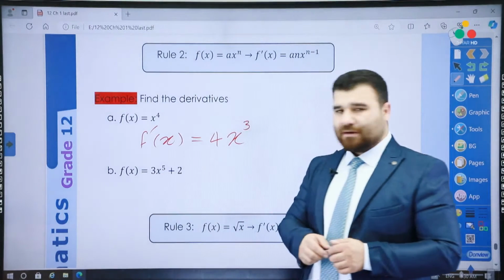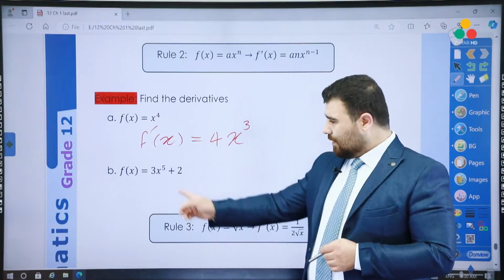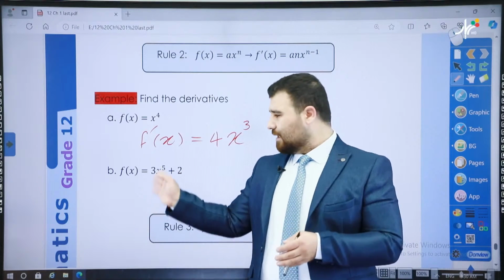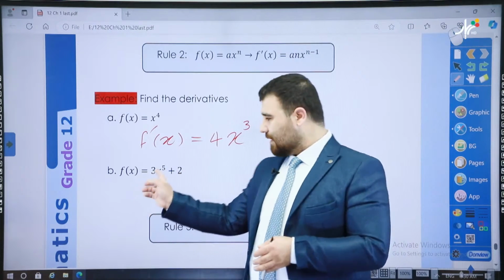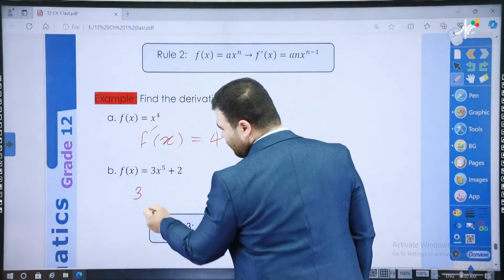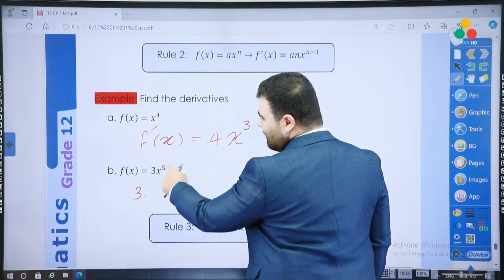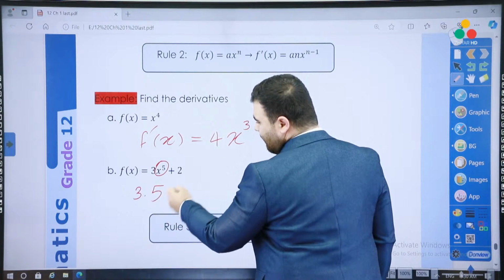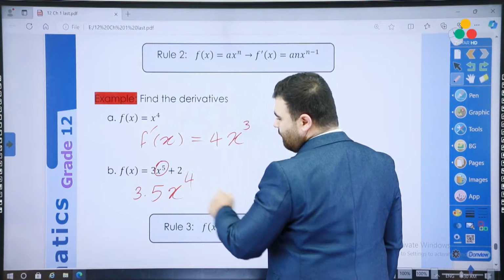This example, f of x equal to 3x power 5 plus 2. For plus and minus, it's not a big deal. We do each derivative separately. Now, derivative of 3x power 5. Leave the 3 as it is. 3 times x power 5. 5 goes to the front. X power 5 minus 1, 4.